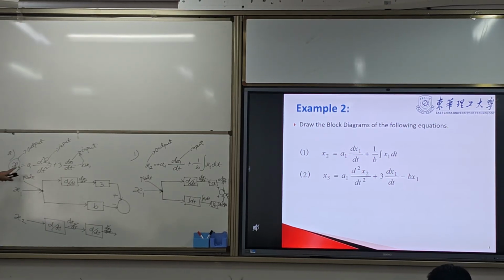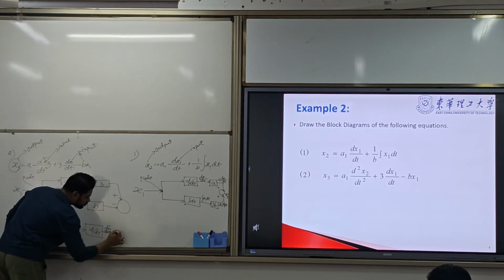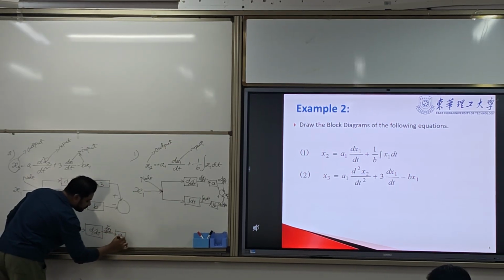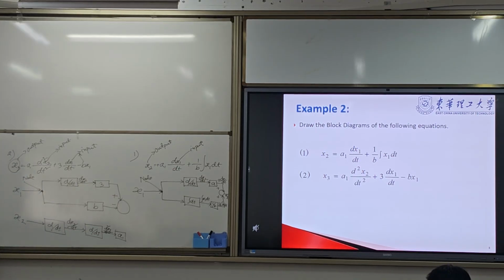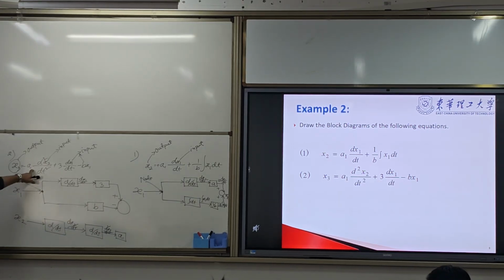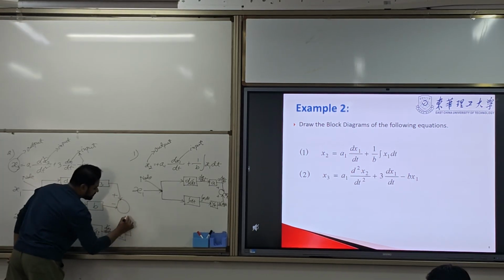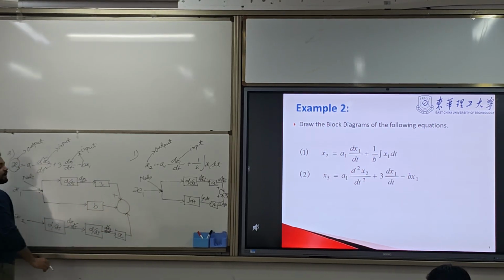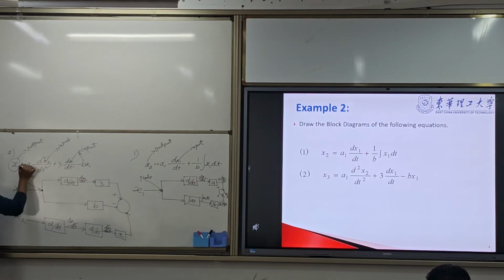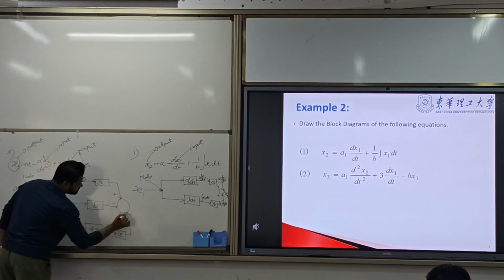Now it is multiplied with a constant gain a1, so we have one more block, a1. This is also added with these two signals, so it is sent to the summing point with a plus sign.